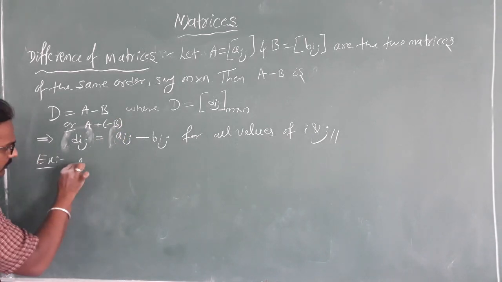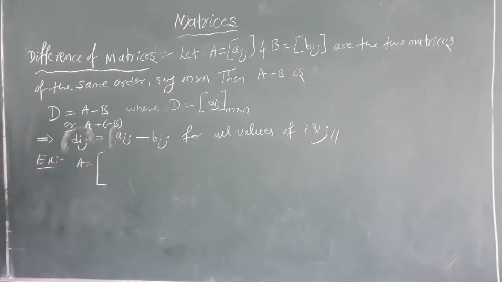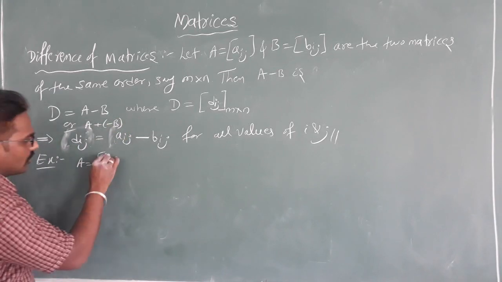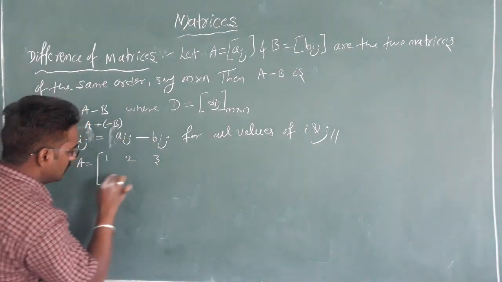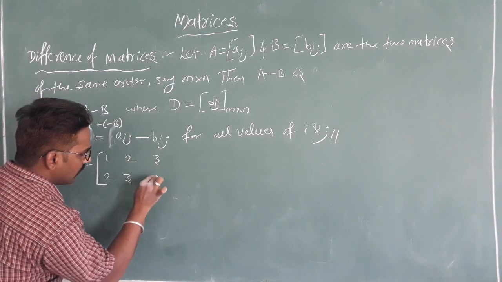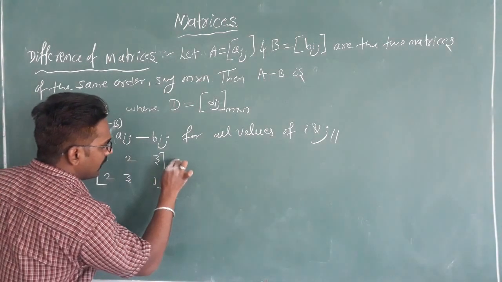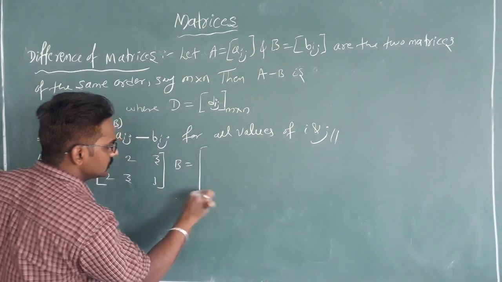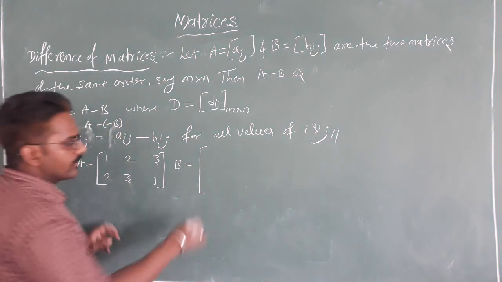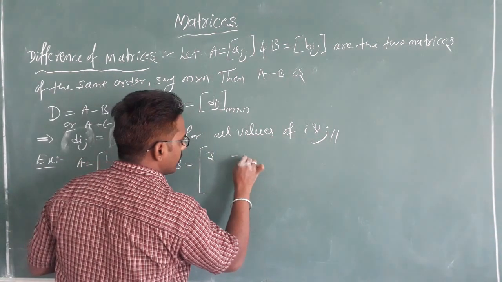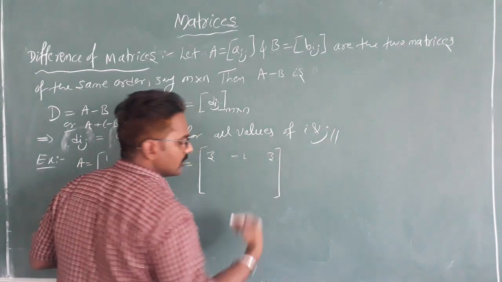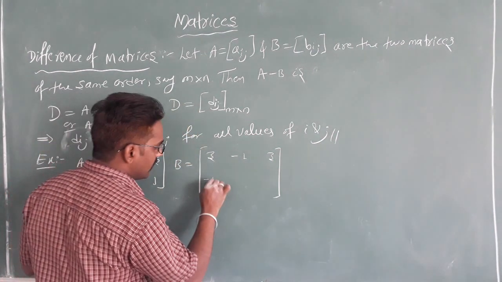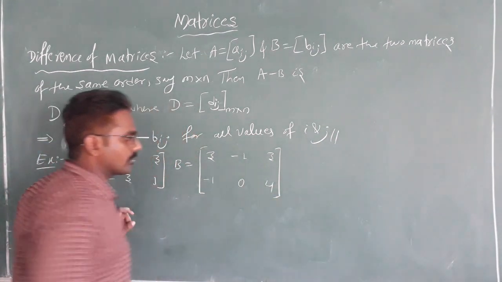Example. A equals 1, 2, 3, 2, 3, 1, and B equals 3, minus 1, 3, minus 1, 0, 4.